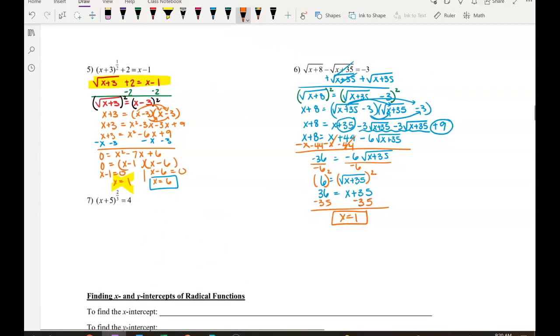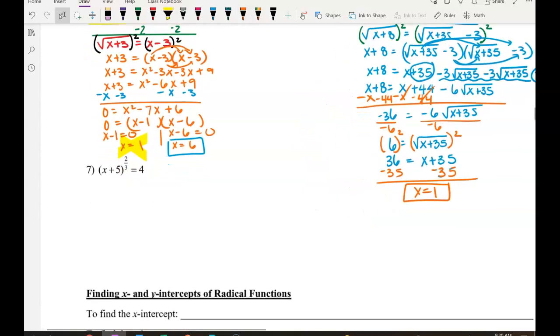All right. I want you to rewrite number 7 for me in radical form. So, what is the index? 3, good.